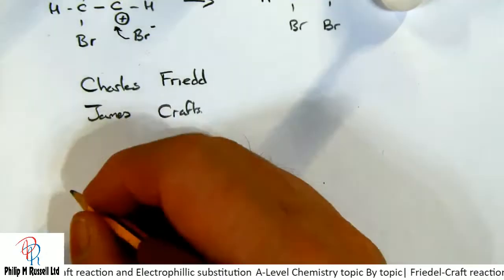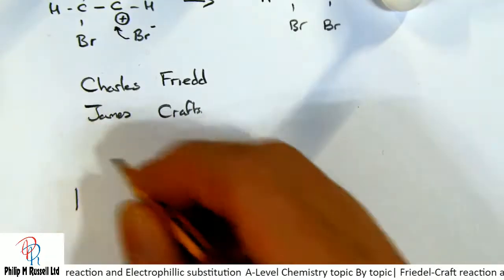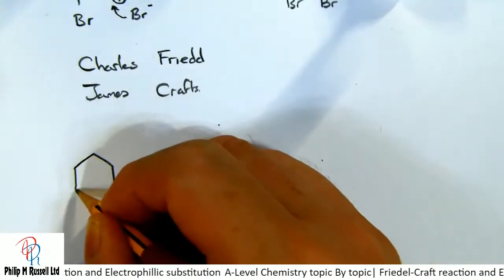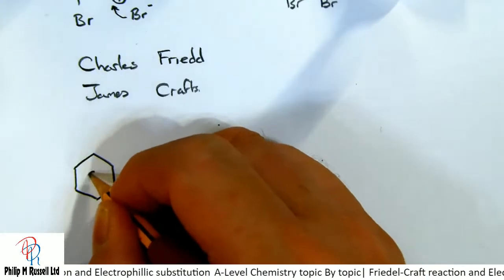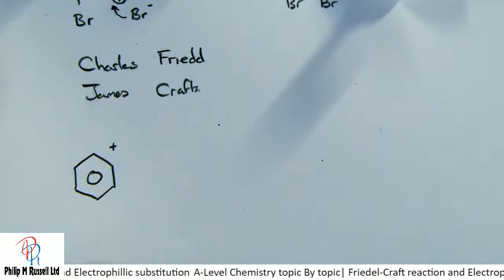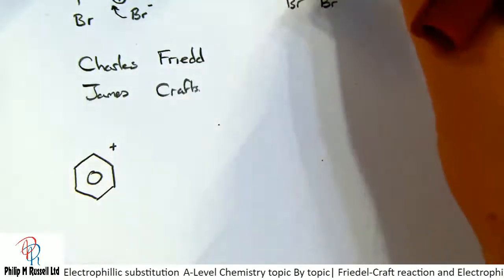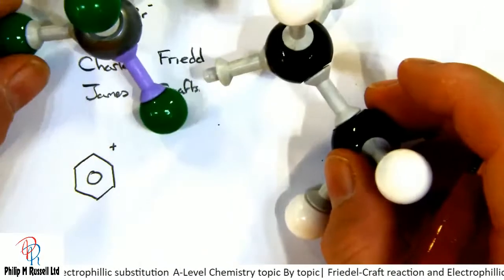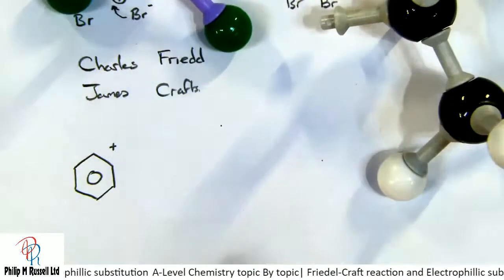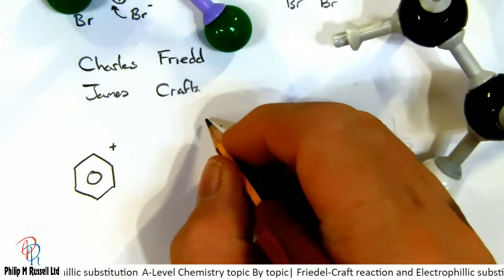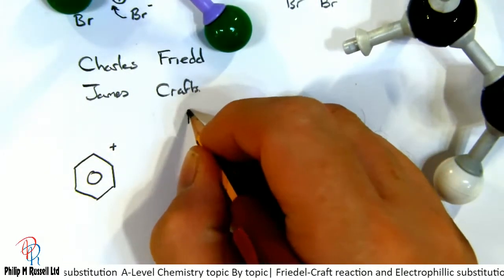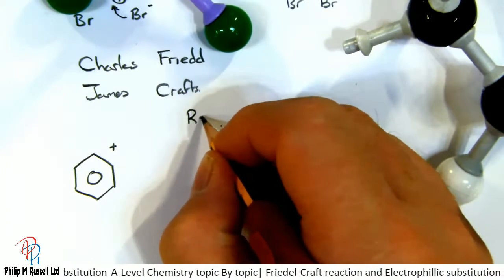We've got our benzene ring. And what I want to do to this is I want to attach this R group. It's reacted with the FeCl3, so I've taken my chemical, which is here, RCl.